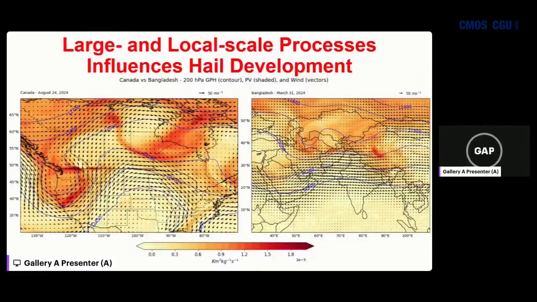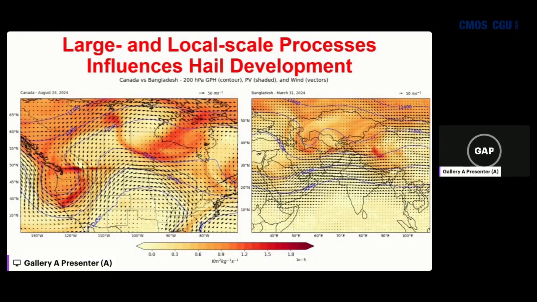And when we look at the larger scale environmental conditions, we see that in the Canadian prairies it is the mid-latitude jet stream. Here you can see the curvature, a positive vorticity anomaly and a positive curvature, and the same thing here in Bangladesh.